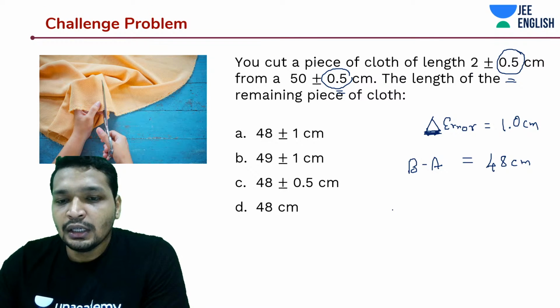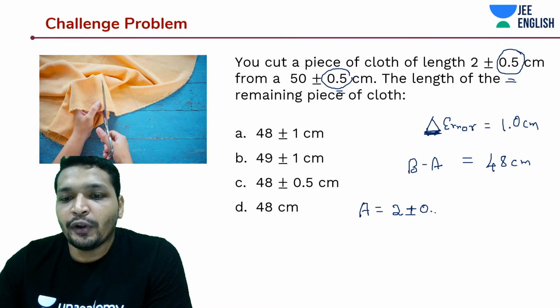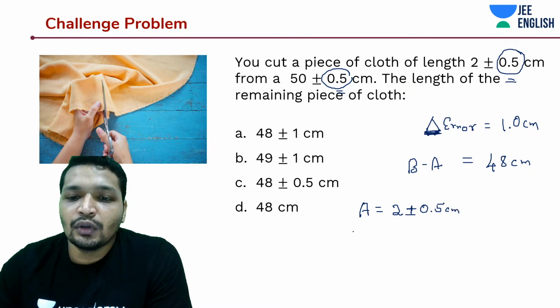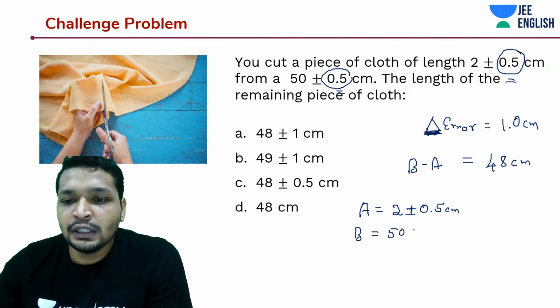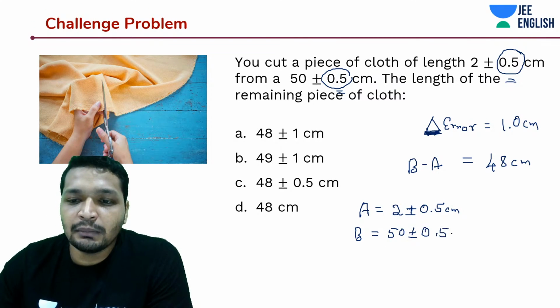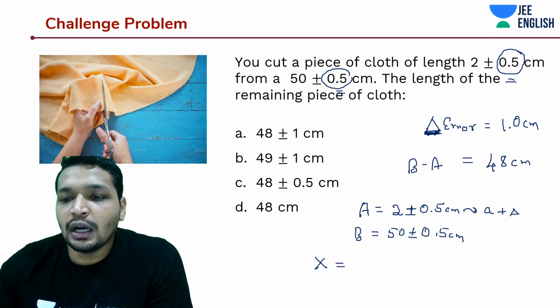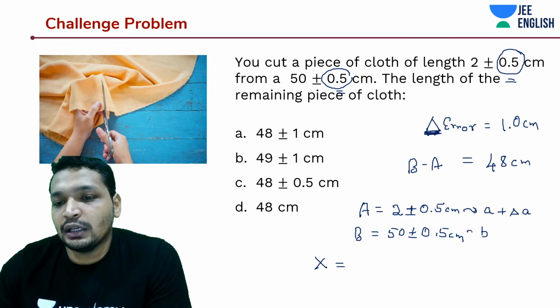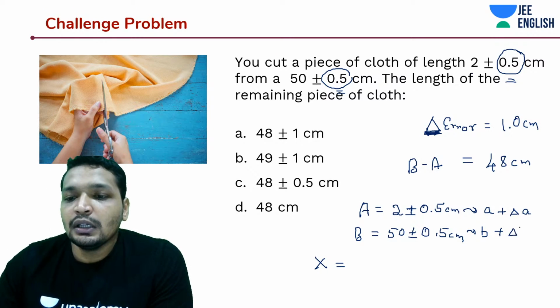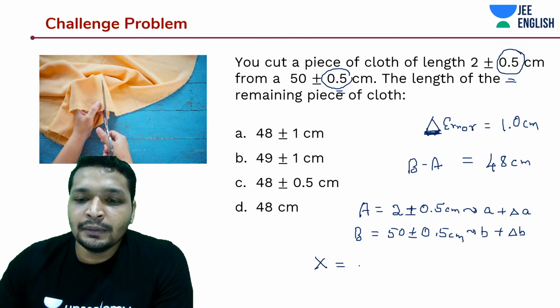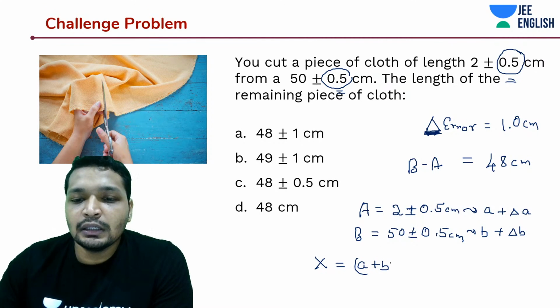Let's say A is equal to 2 plus or minus 0.5 centimeter. B is equal to 50 plus or minus 0.5 centimeter. And I'm going to say X is equal to, just for this time, but make sure you have got this concept pretty accurately. That's very important. So X is B minus A, sorry, this time you're subtracting, I'm really sorry.